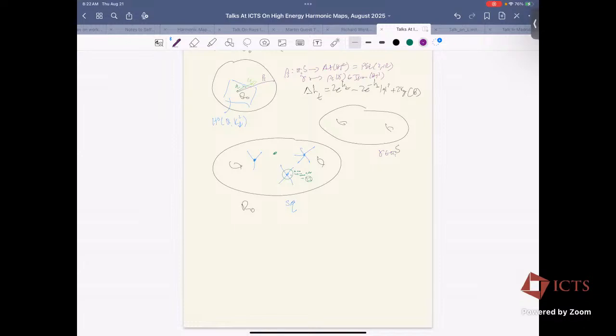Well, there's some curve. I can represent that curve as doing maybe something like this. Maybe it goes to here, here, and then makes its way back.